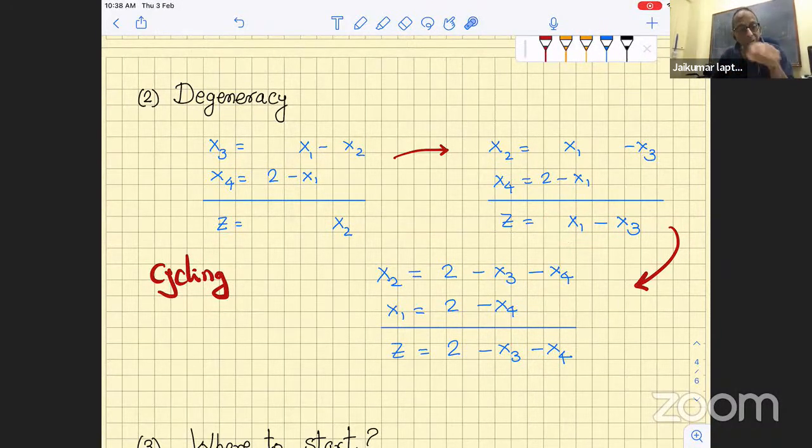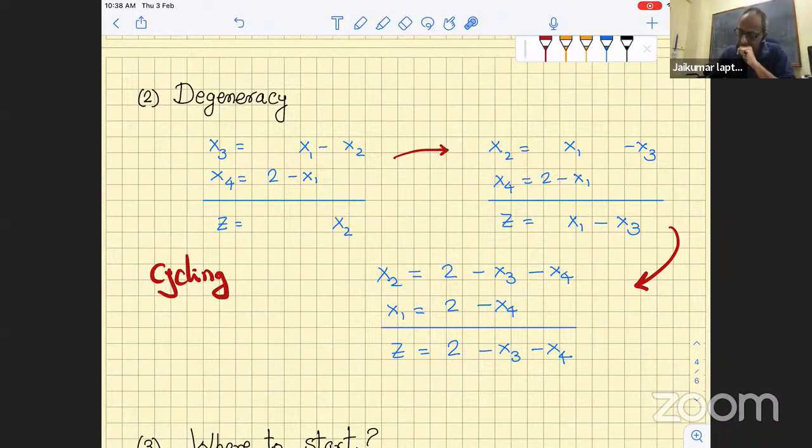So when you cycle, that means at every step you were just imagining in your head that you are making progress as far as simplex is concerned, but you are stuck at the same solution.